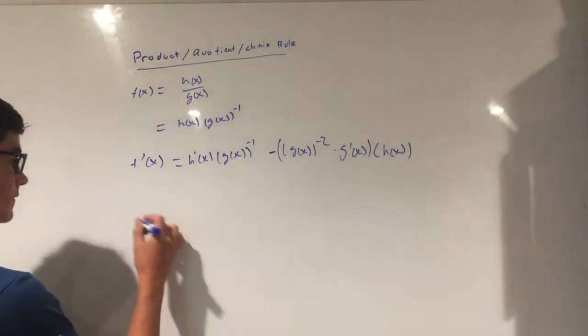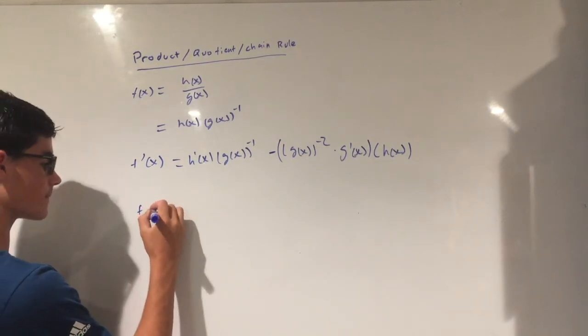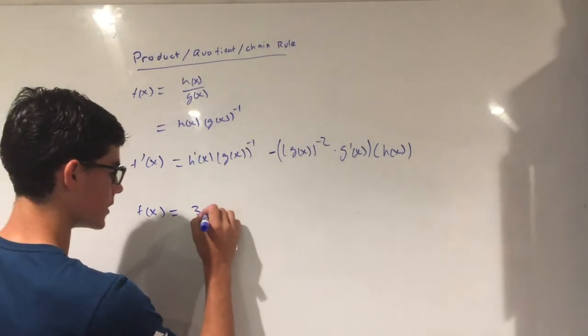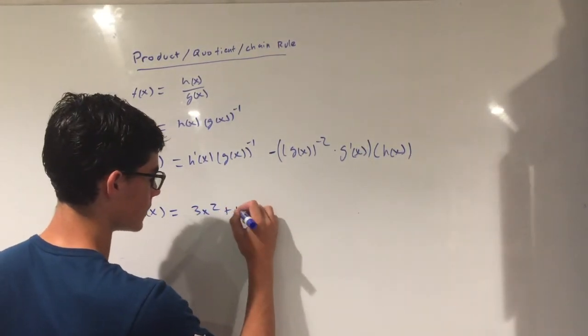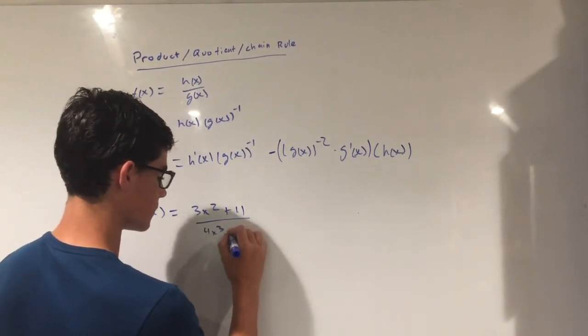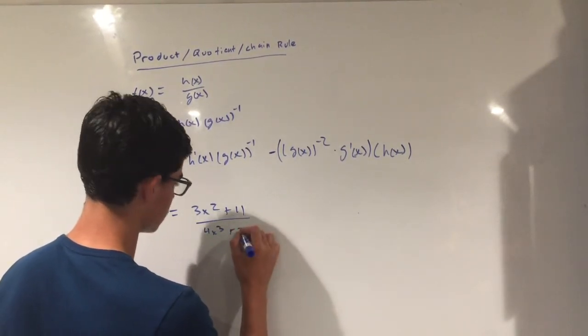So let's take a function f of x equal to 3x squared plus 11 over 4x cubed plus 23.